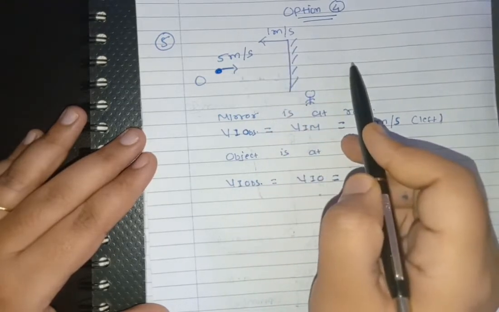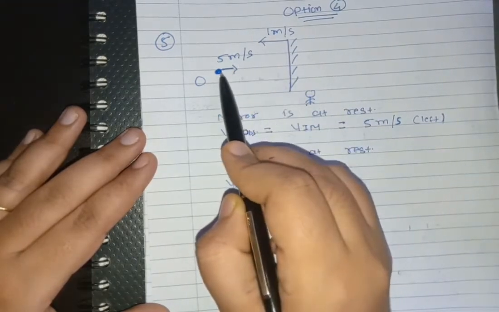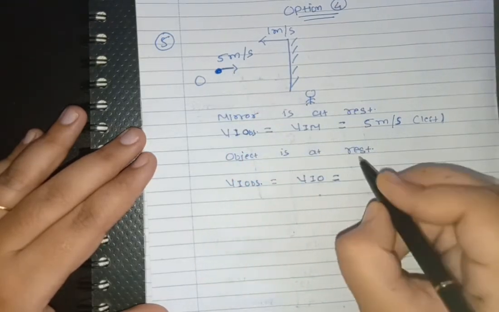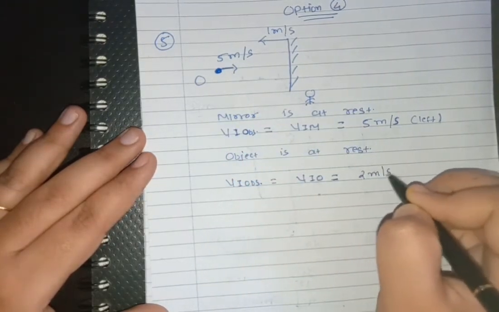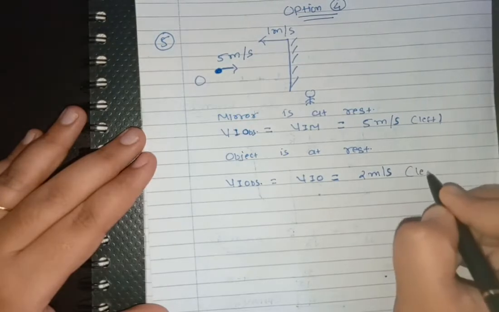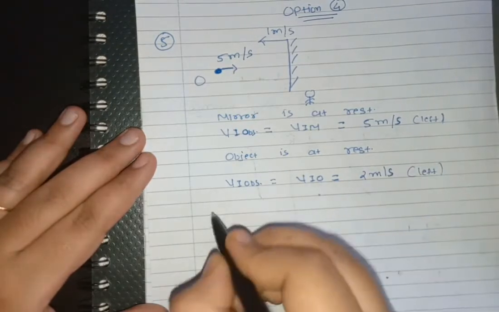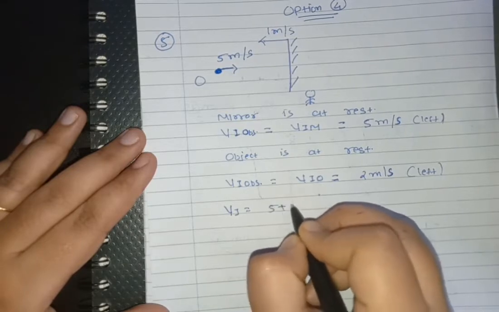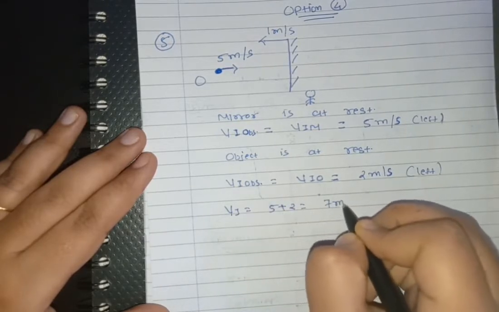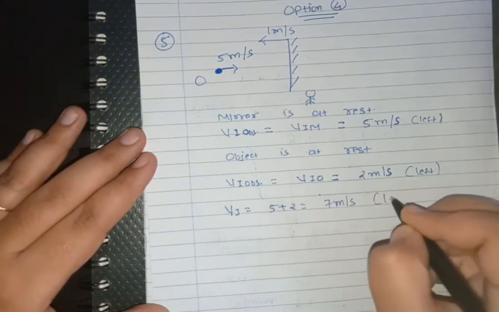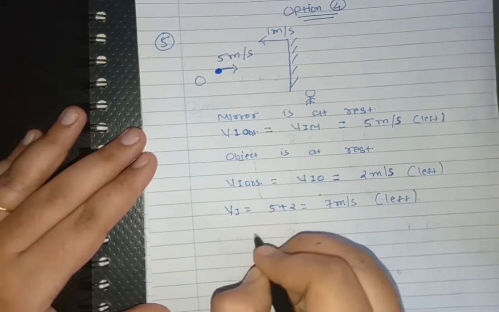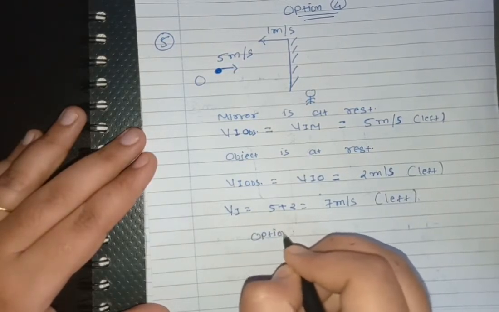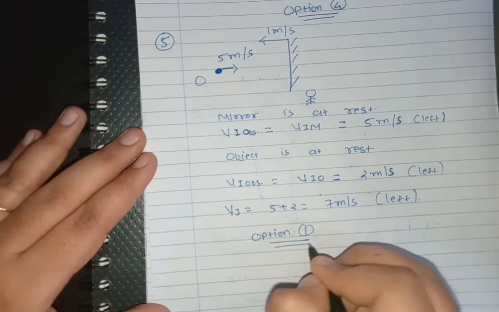So image will be approaching object with the double speed, that will be 2 meter per second, and it will be in the direction left. So total velocity of image will be 5 plus 2, that is equals to 7 meter per second and towards left. So option 1 is correct option.